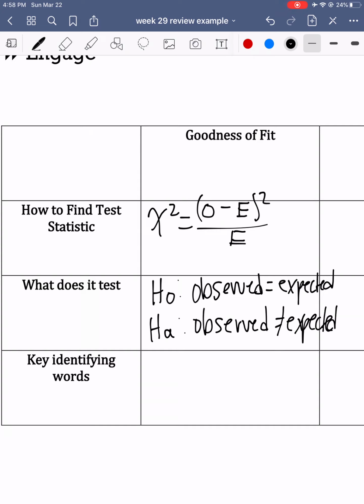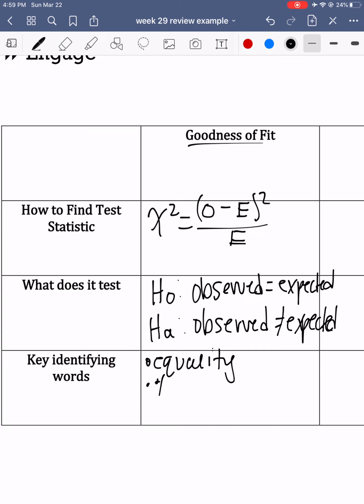Some key identifying words in the problem that help us know when to use the goodness of fit test: do they say anything about equality in the problem? Because that's really what we're looking for, equality between the observed and the expected.